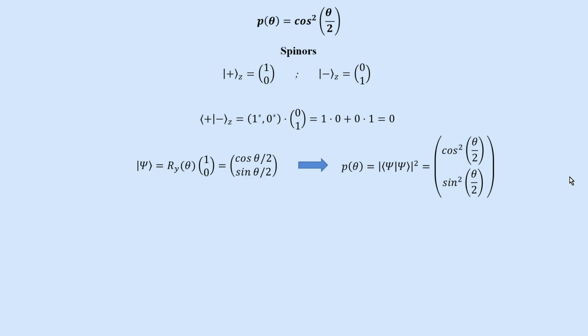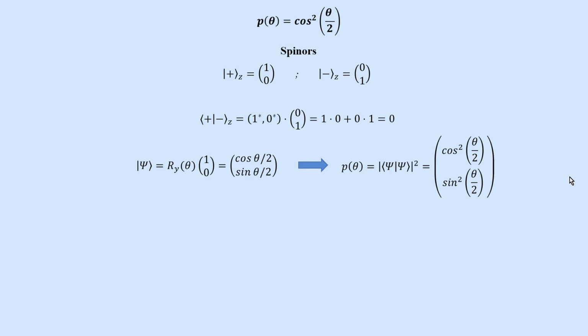The probability of theta equals the modulus square of the bracket of psi, which is obviously cosine squared theta half over sine squared theta half.